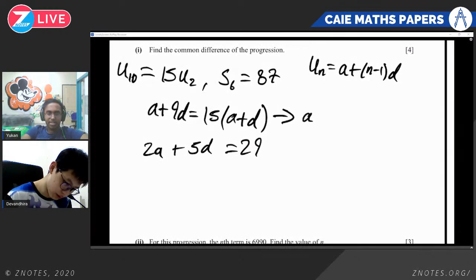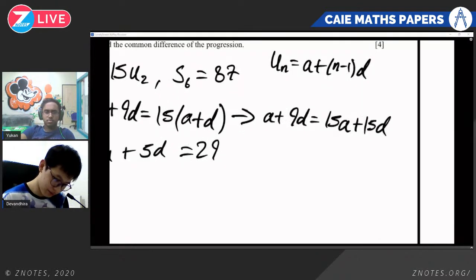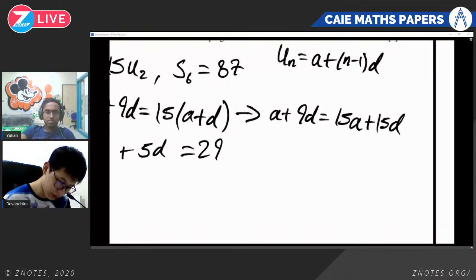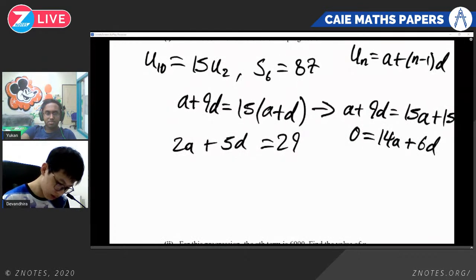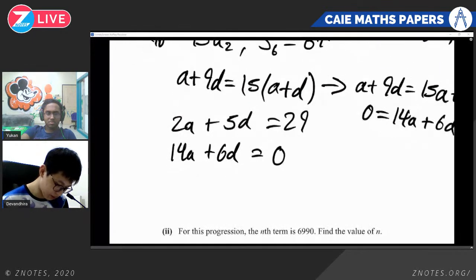Simplify the first one and then we can substitute. 15a plus 15d, correct? Bring both of these to our side. We have 0 is equal to 14a plus 6d, correct? So now we have two equations. We have 14a plus 6d is 0. We just have to do simultaneous equations here.